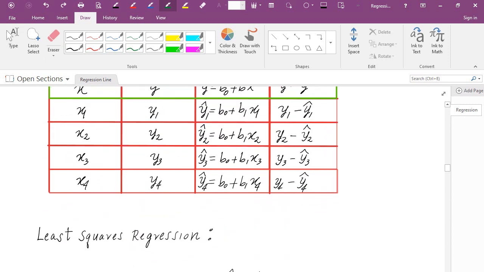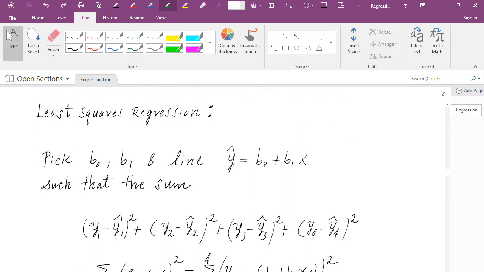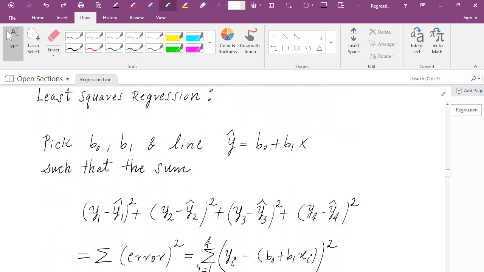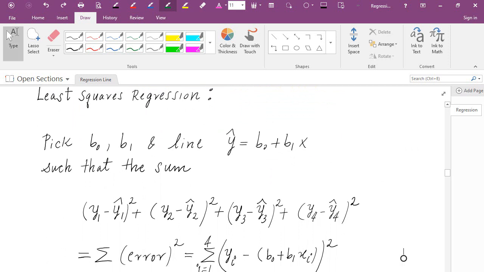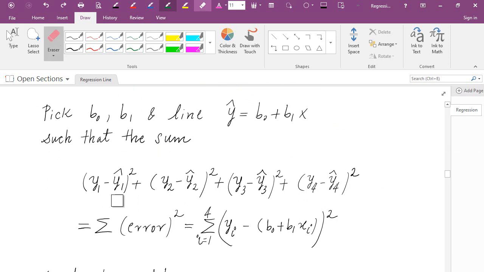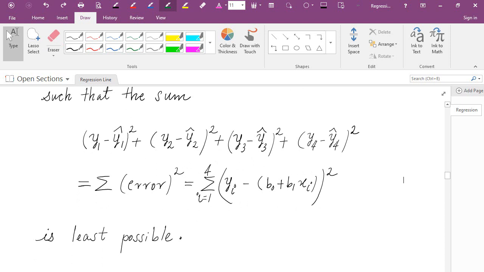The least squares regression line is the following. We want to pick b0, b1, and the line y hat equal to b0 plus b1x, such that the sum of the squared residuals, or sum of the squared vertical distances from the data points to the fitted line, is least possible.